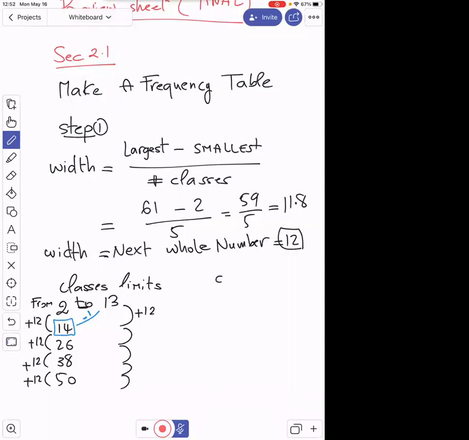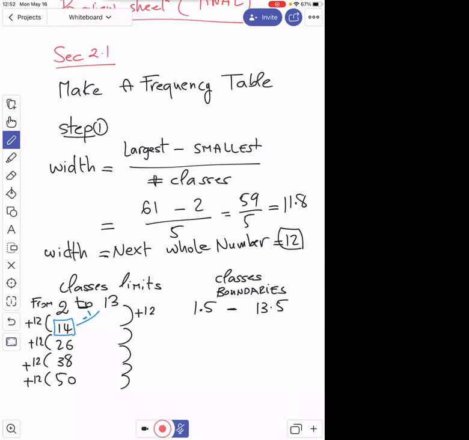Class boundaries: don't forget, for class boundaries you need to subtract and add. For the first class, the lower boundary, we subtract 0.5 from 2, so 2 minus 0.5 is 1.5. For the upper boundary, you add 0.5, so that's 13.5.